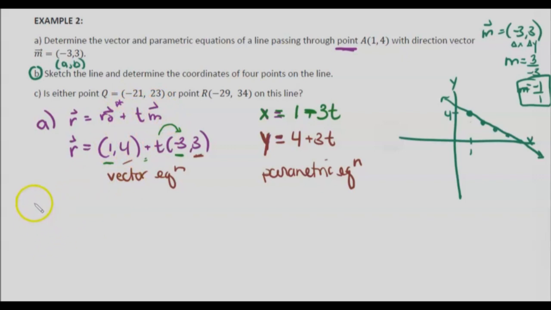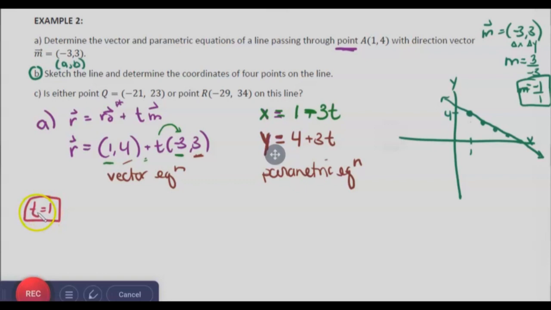Let's do the example where t equals 1. So we want to take the vector equation and sub in t equals 1, which is our parameter. So we're going to get 1 comma 4 plus, we're going to sub in the 1 and get negative 3 comma 3.